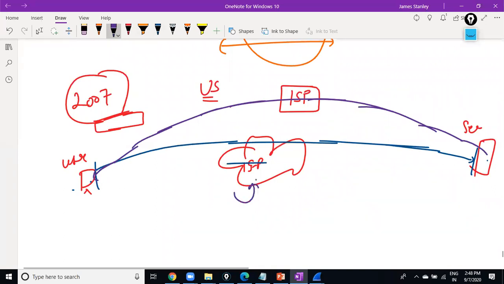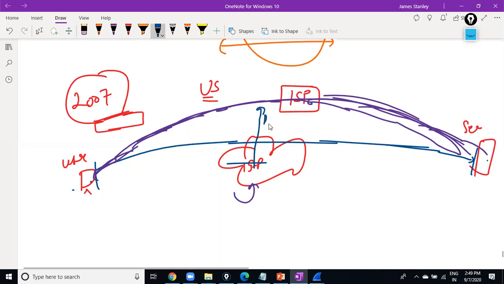At that time, the ISPs were very lost. So what they did was, if a connection existed directly between two sites and they were trying to download some files, they used to send reset messages. A reset message means it will terminate your connection.